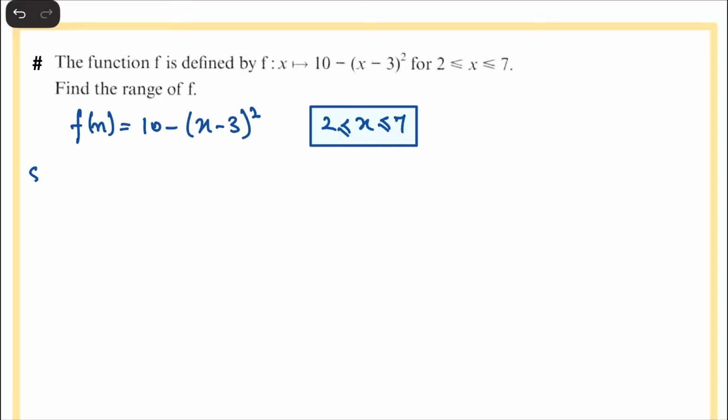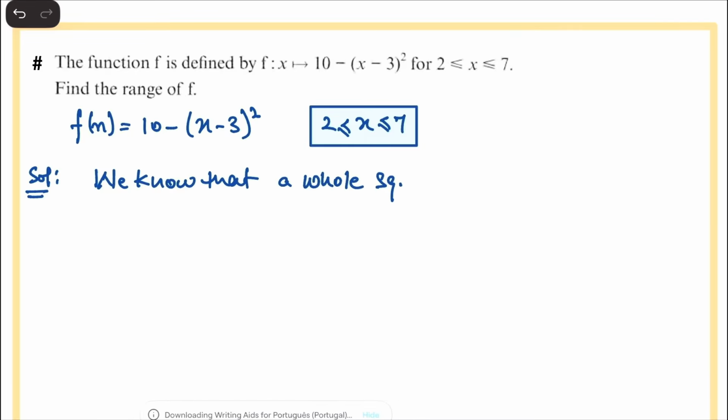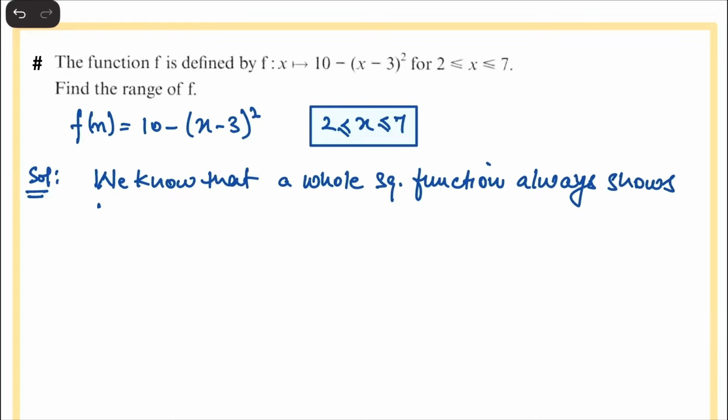As I told you in the previous question, if I solve this, then we know that a whole square function always shows its minimum value as 0, right?